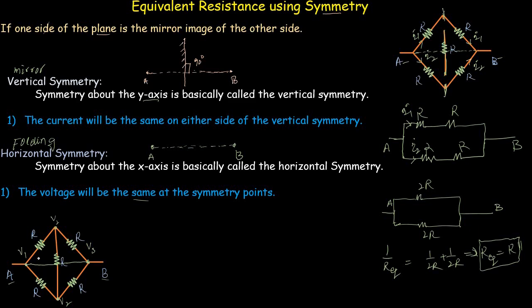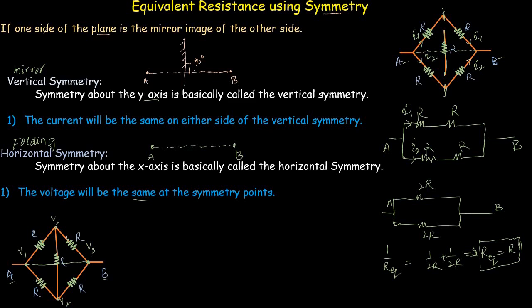Now let's simplify this network. The potential at this point is the same as the potential at this point, so there is no potential difference across this resistor. As a result, there will be no current through this resistor, so we can remove this resistor from our analysis.